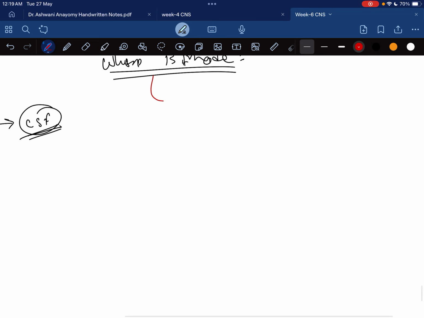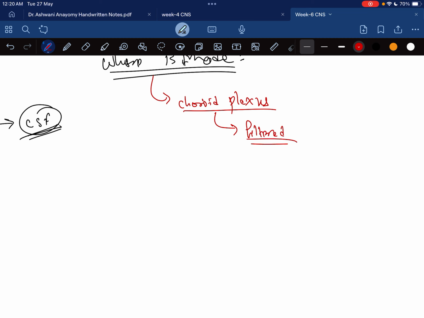It is synthesized by the choroid plexus. First understand that the choroid plexus is like a water pump or water filtering plant, which filters the blood and synthesizes CSF from it.